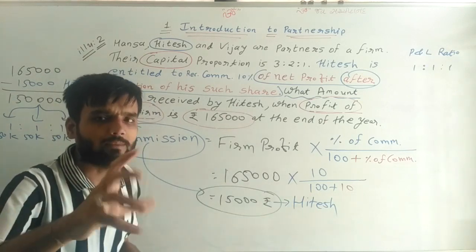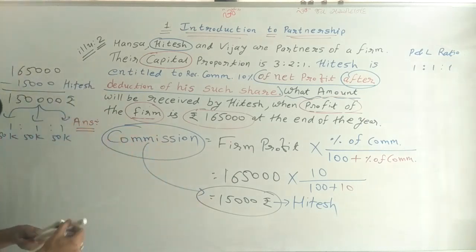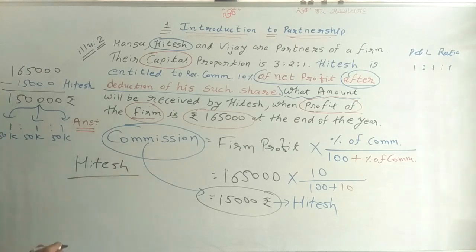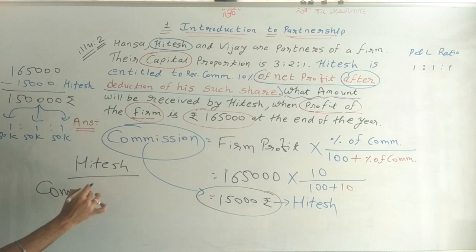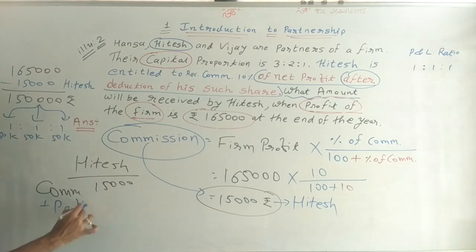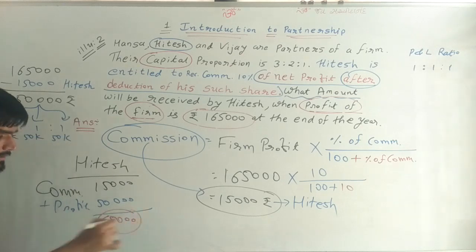So the total amount of Hitesh: Hitesh received commission of rupees 15,000 plus profit also 50,000, and the total amount Hitesh received is 65,000.